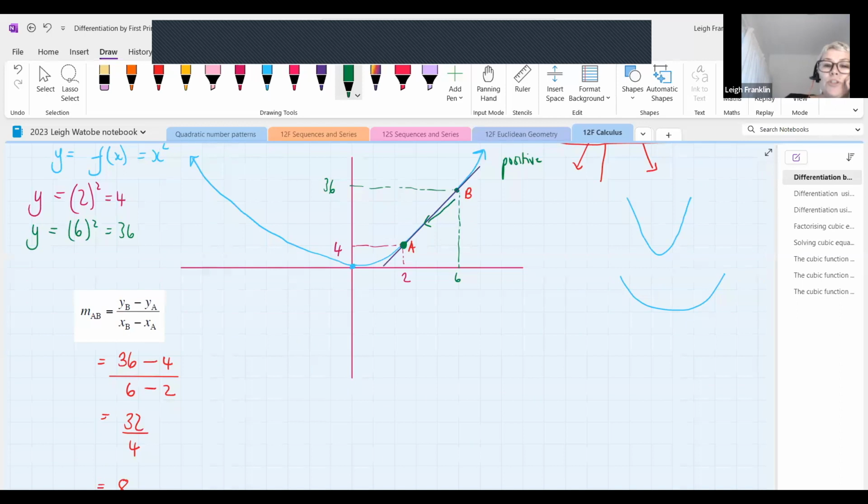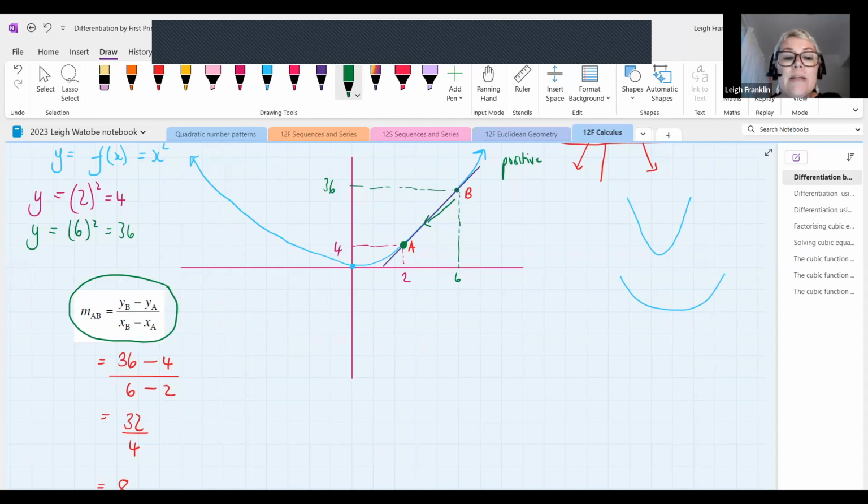So I don't want to work out the average gradient between A and B. I want to work out what the gradient is at A. If I work out the gradient at A, there's a problem that emerges when I use the gradient formula. It's not so much what happens to the numerator, it's what's happening to the denominator.